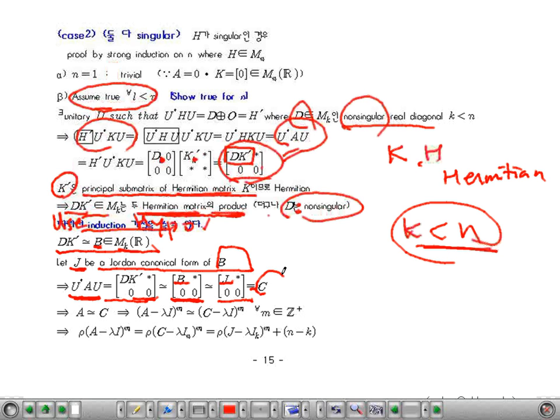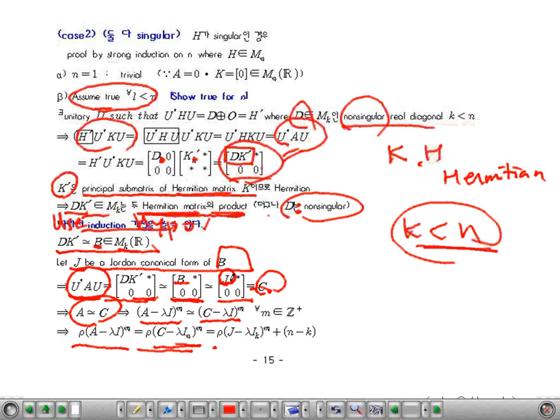Now we let this block matrix be C. Then U star AU is similar to C, which says A is similar to C. This implies the power of A minus lambda I is similar to C minus lambda I for every positive integer, which says the lengths of those powers are the same.